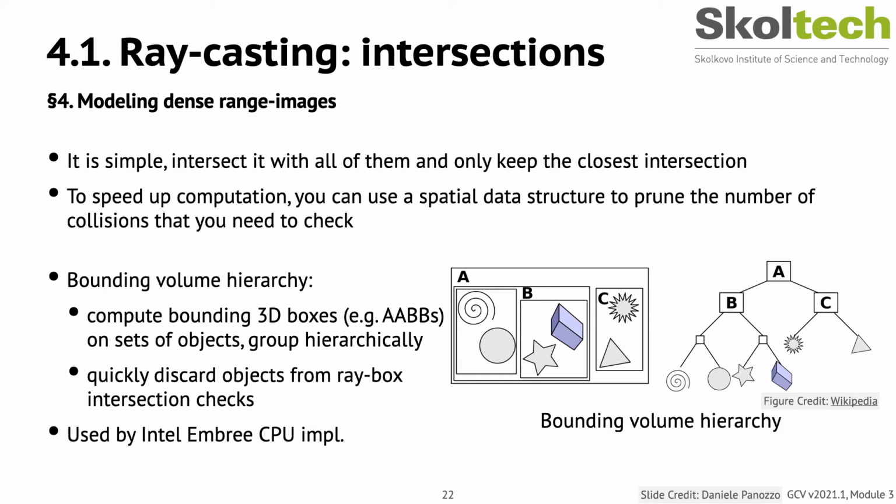This kind of accelerated structure is used, for example, by the efficient Intel Embree CPU implementation of raycasting. That is, for example, available in the trimesh library and also as a binding, PyEmbree, for Python.